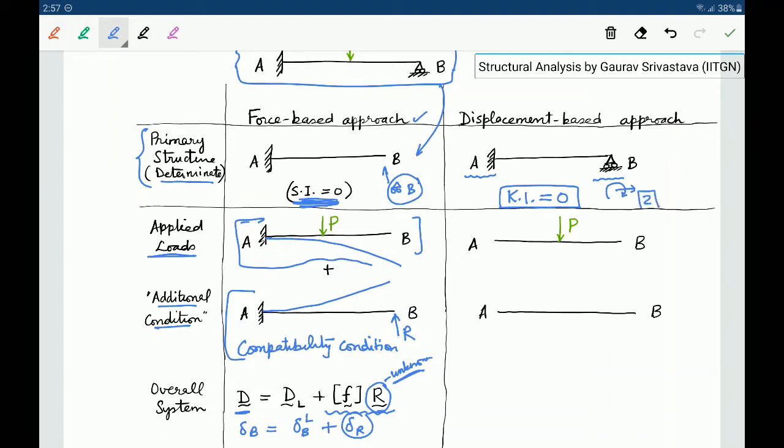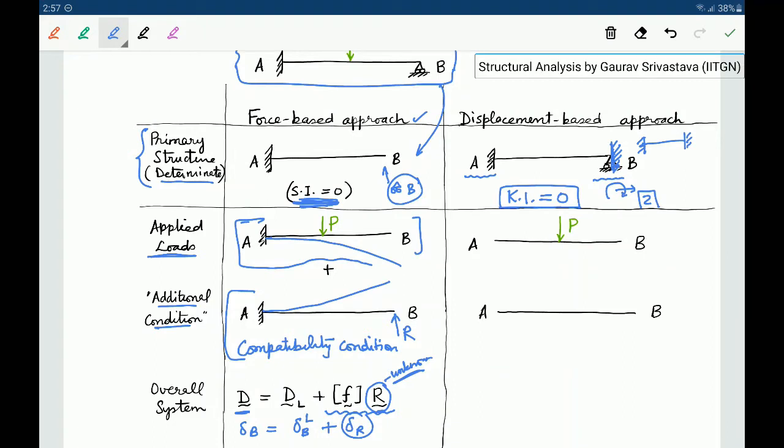So if we want to make this kinematic indeterminacy 0, then we have to consider this support also as a fixed support. What it means is that the primary structure in this case is going to be a fixed beam.